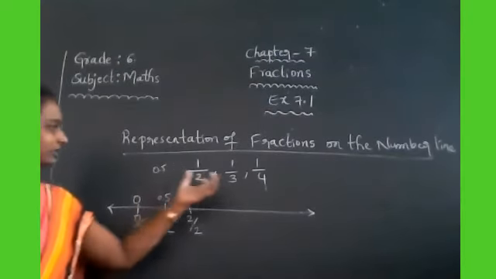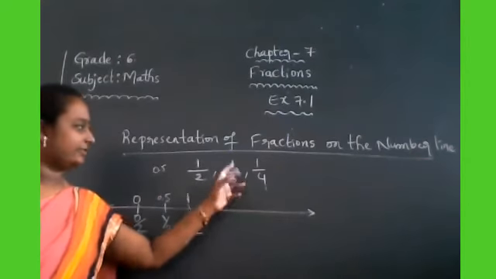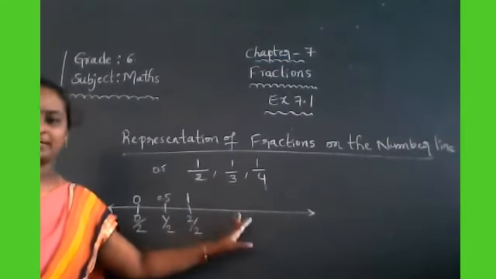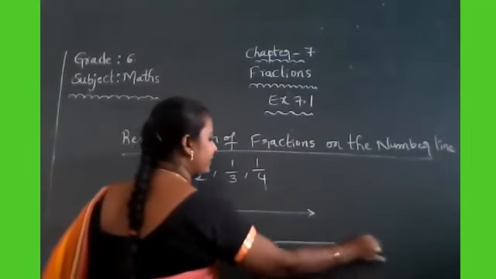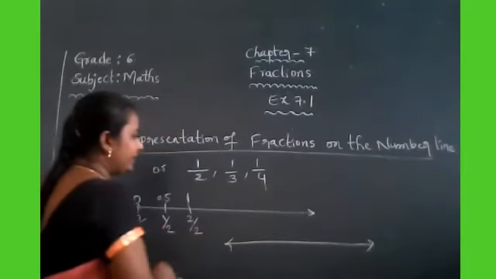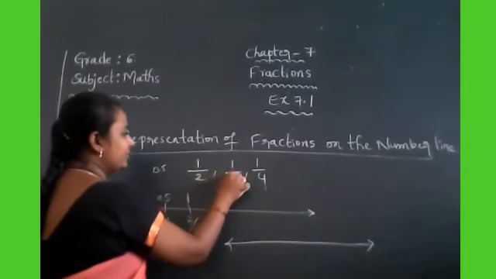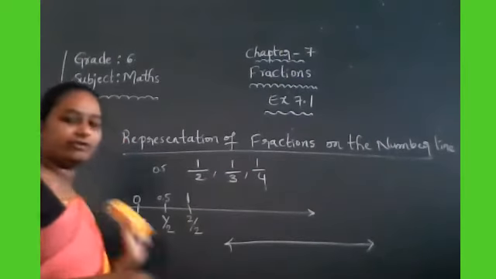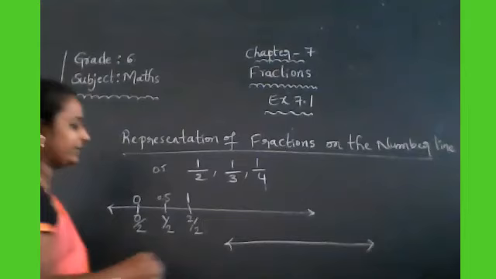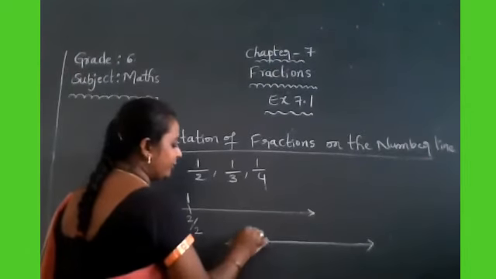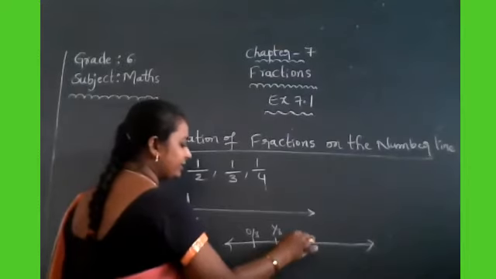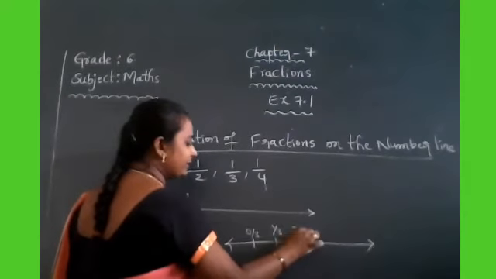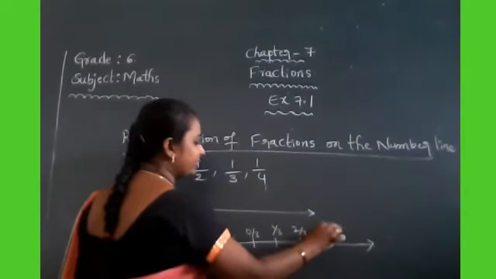So how will you represent 1 by 3 on the number line? Same procedure. First of all, we have to draw a line. Okay, and here 1 by 3. So you have to divide into how many equal parts? 3 equal parts. So that is 0 by 3, 1 by 3. Okay, next 2 by 3, 3 by 3.